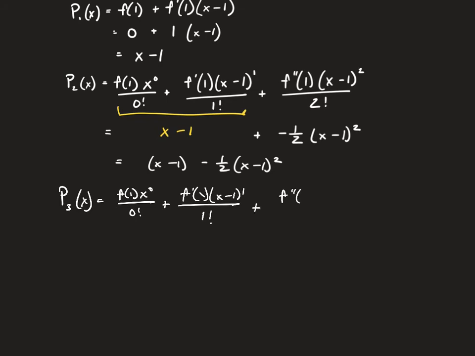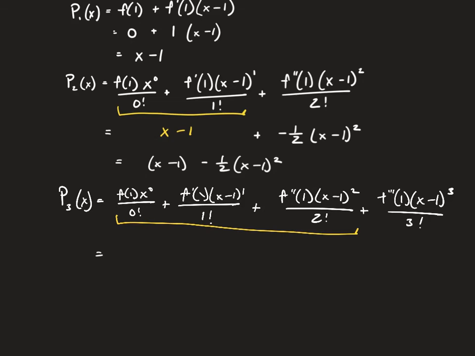This is all the way out there to x minus 1 squared, and we've got the 3rd derivative, x minus 1 to the 3rd power over 3 factorial. And I've actually already done this with the last step: that's x minus 1 minus 1/2 x minus 1 squared. I've already done that part. So now just the new stuff.